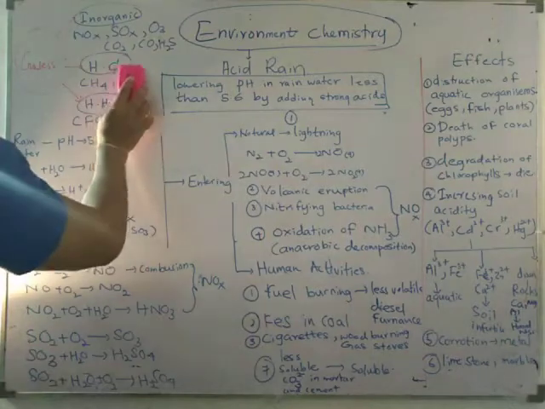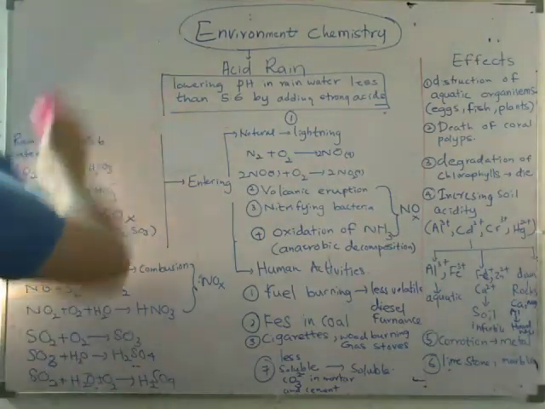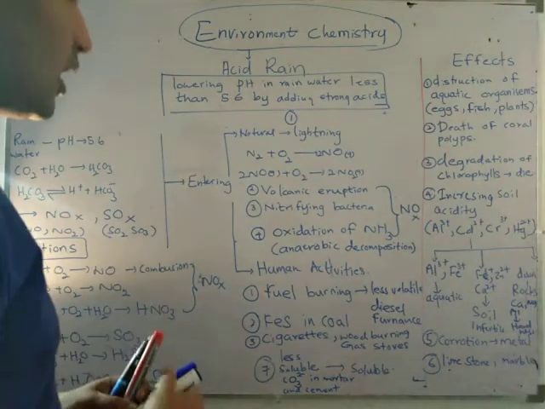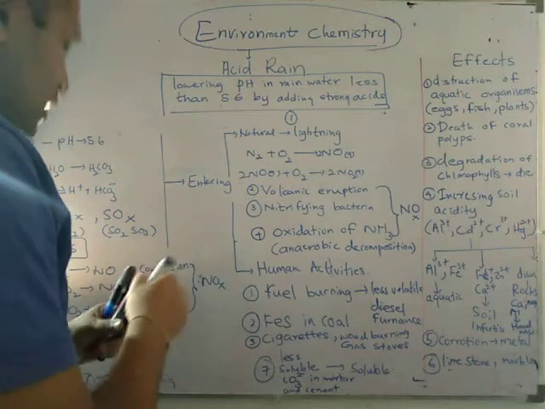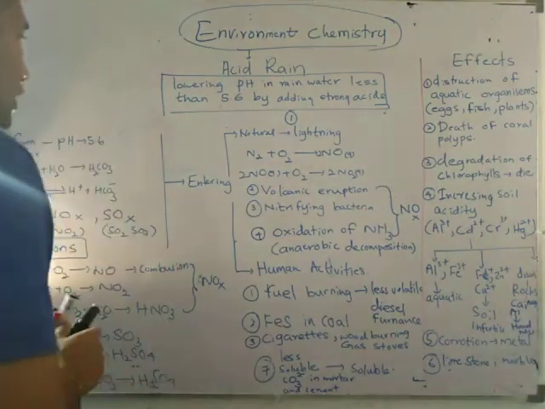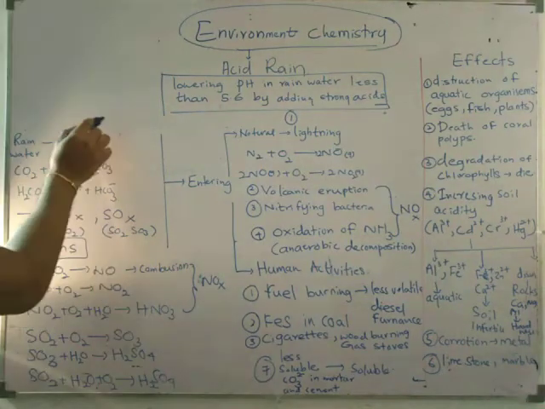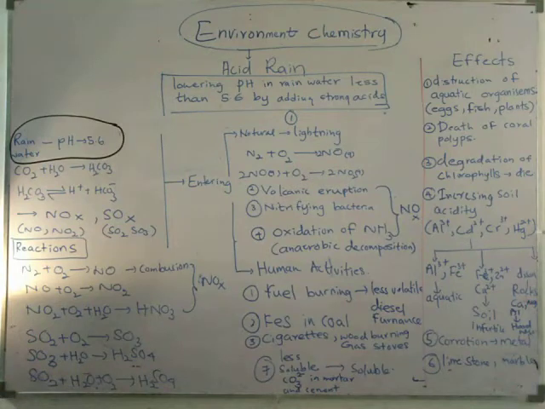If you come to the new syllabus, they are talking a lot of things relevant to the acid rains. If you take the normal rainwater, its pH is around 5.6. Why?